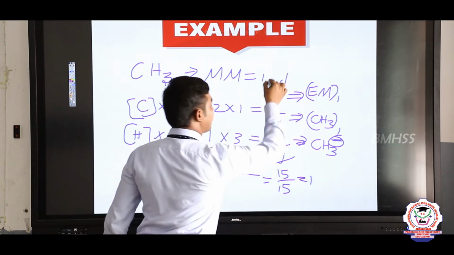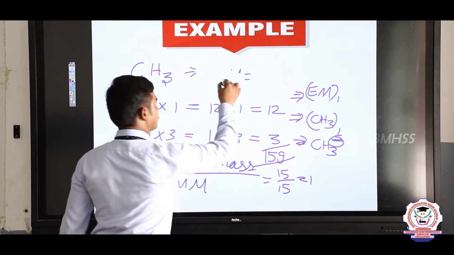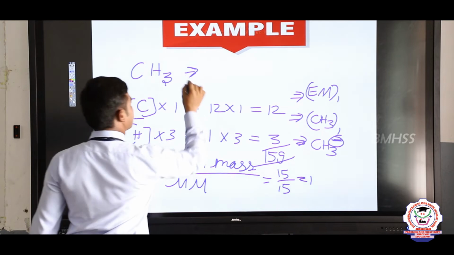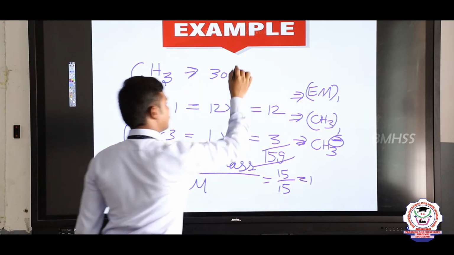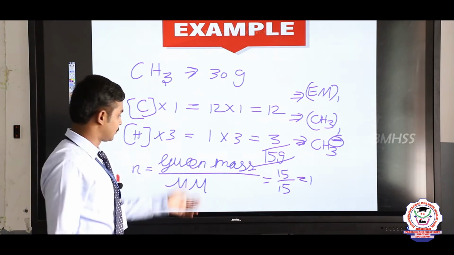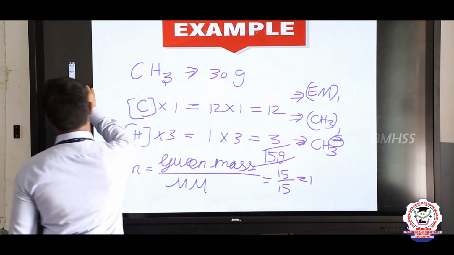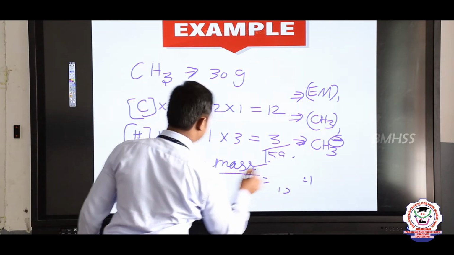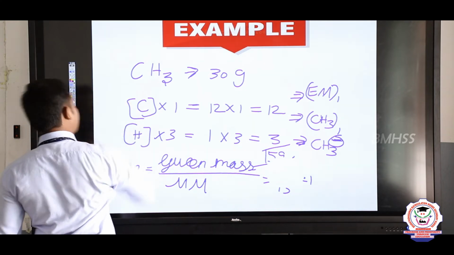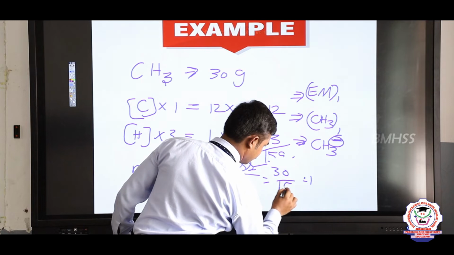If you take 30 gram as the given mass, and the molar mass of CH3 is 15 gram, then the given mass divided by the molar mass gives 30 divided by 15.